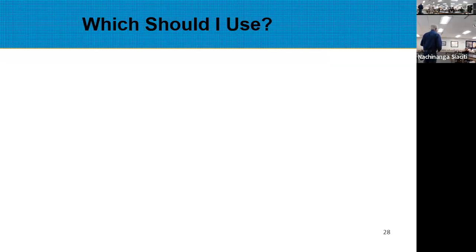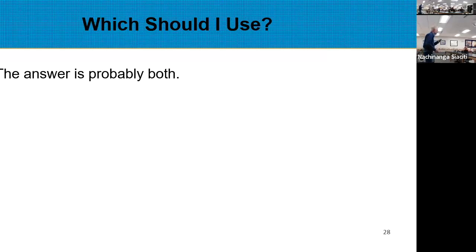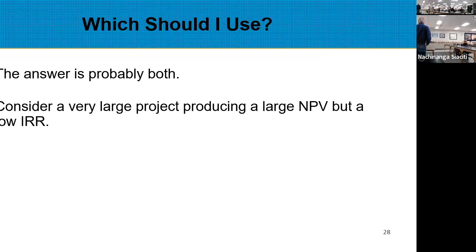So the question is, which one should I use? Well, the answer is probably both. And the reason for that being they give you different information. A very large project, a very large NPV, basically making a lot of money, but it may have a low IRR.